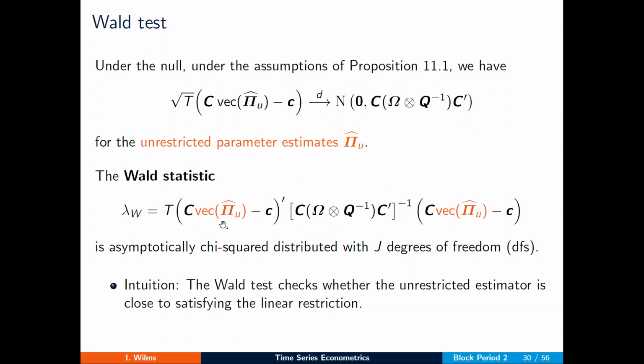Now, if it strongly disobeys the restrictions from the null, then this term over here would be large, giving us a large value of the test statistic. And so we would reject the null for large values of the test statistic.